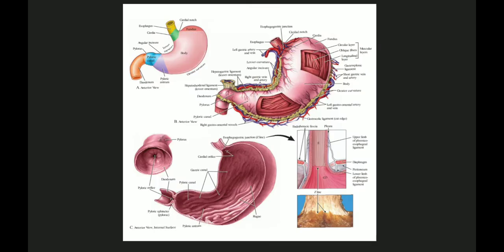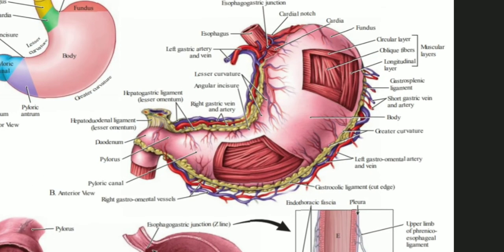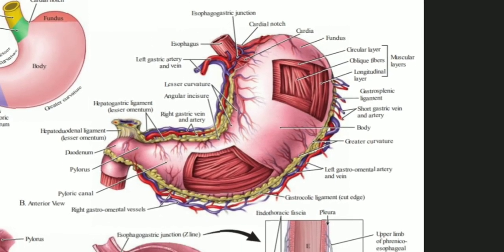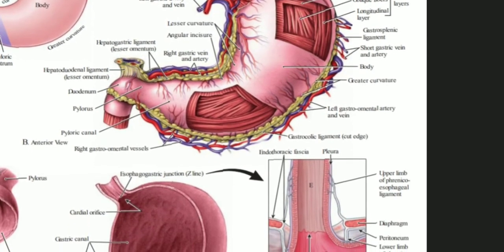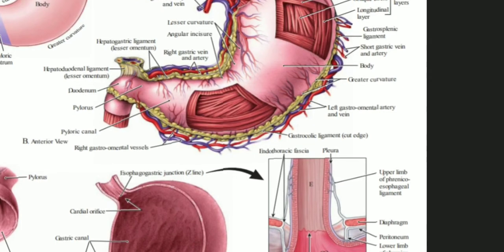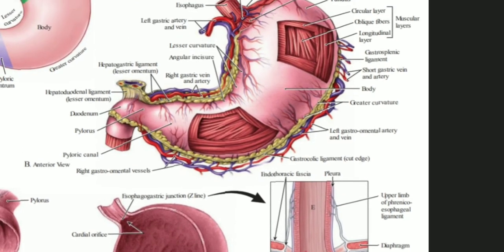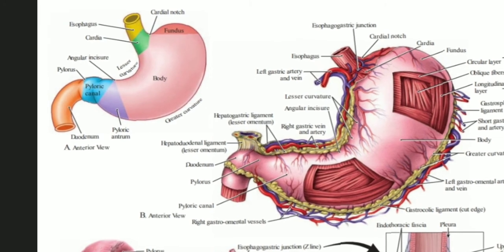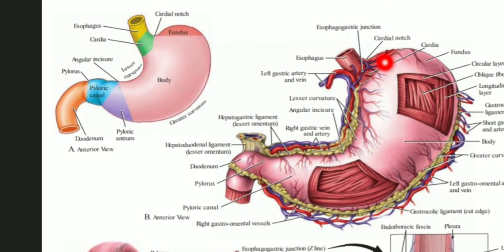Now let's consider the arterial supply. Remember this: the lesser curvature is supplied by the left gastric artery, a branch of the celiac trunk, and the right gastric artery, a branch of the hepatic artery.